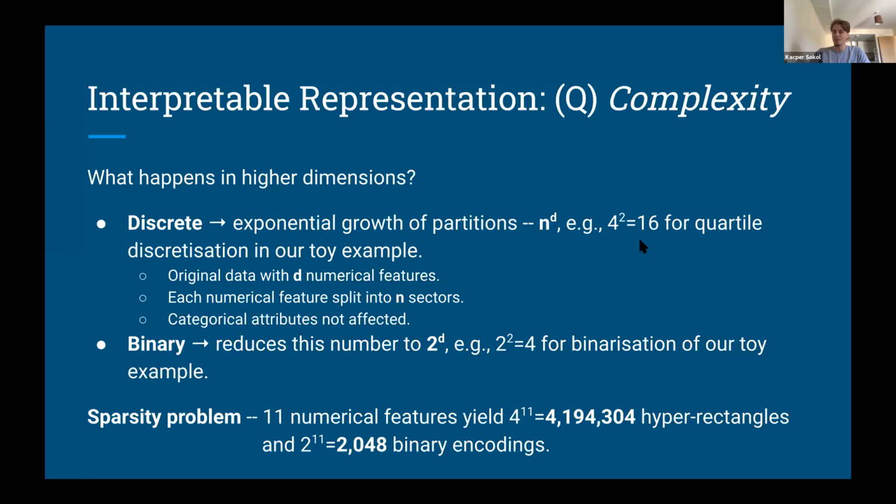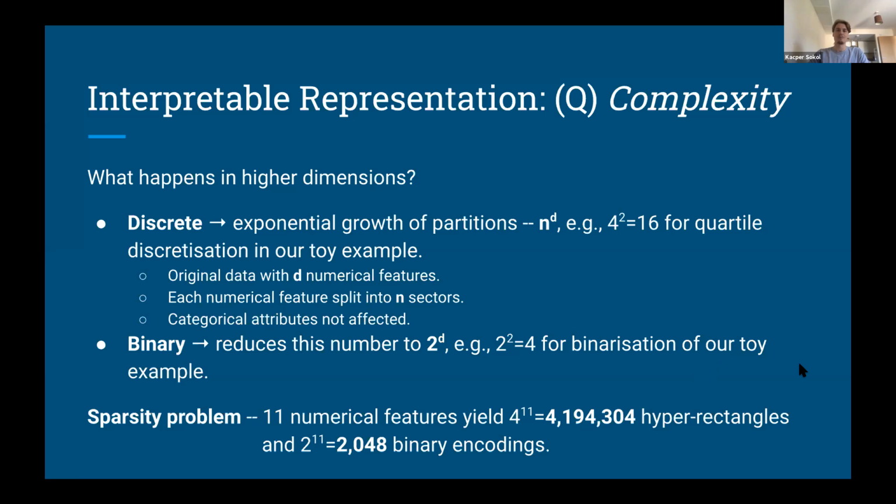But fortunately, you reduce them to just 2 to the number of dimensions once you binarize. Just to give you an example, with 11 features, there would be more than 4 million hyperrectangles in the discrete space and about 2,000 with the binary, which means if you want to cover each hyperrectangle in the discrete space, you would need to sample 4 million data points. Well, that's a lot.